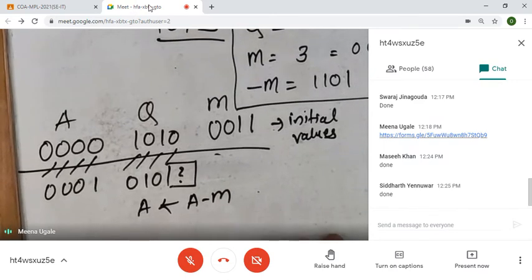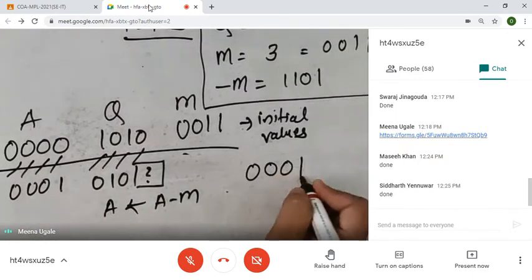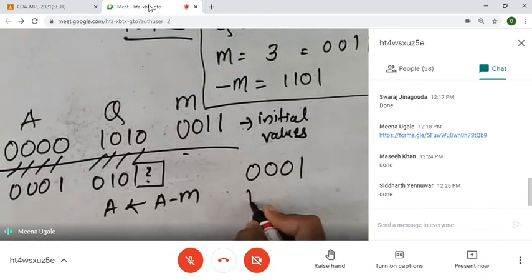Check your flow chart. A equal to A minus M. Now what is the value of A with you? This one. And what is minus M? This one. I'll just add it.